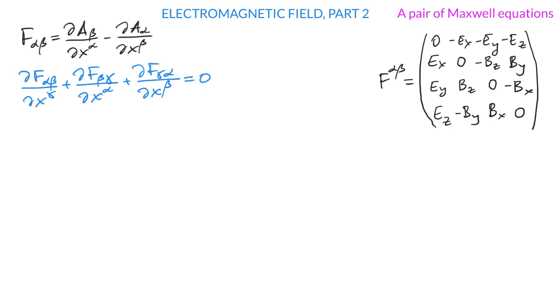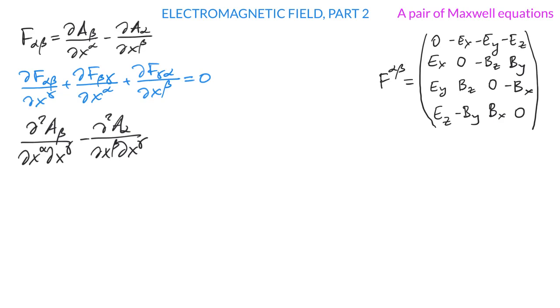Now, first of all, let's prove this equation. This is quite straightforward. It follows directly from the definition of F and from the symmetry of the mixed derivatives. So if we just substitute the definition of F into this expression, this will give us terms that look like d2A beta over dx alpha dx gamma, minus d2A alpha over dx beta dx gamma.